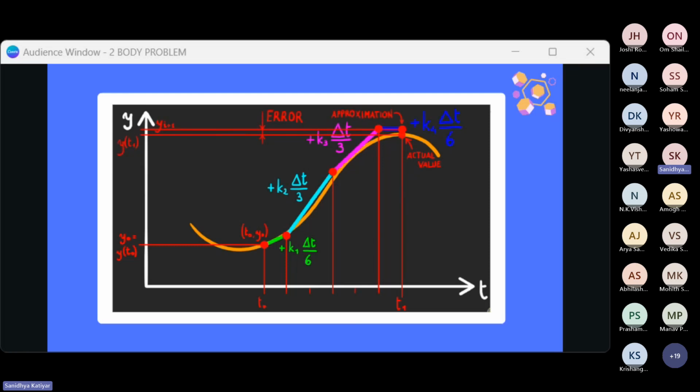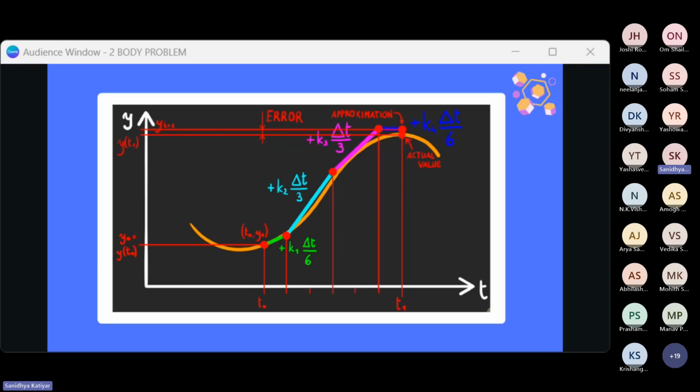Also, in the Euler method, the error is directly proportional to delta t, whereas in the RK4 method, the error is directly proportional to delta t to the power of 4. That's why we will be using the RK4 method. I just wrote some points on why we should use RK4.